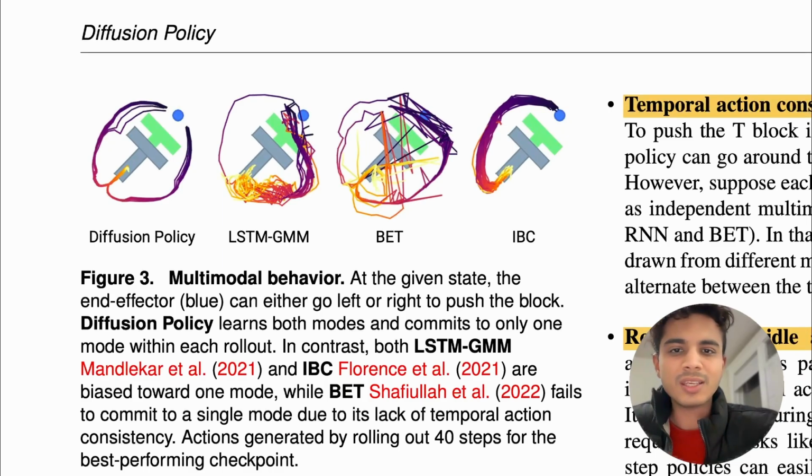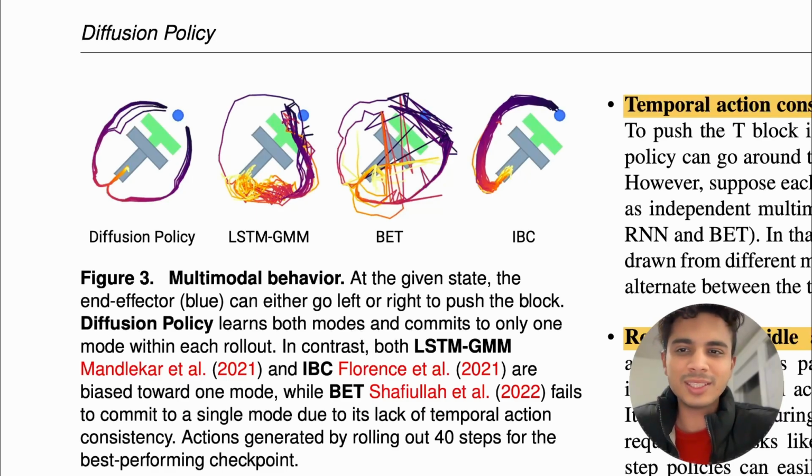And what they're trying to say is these are basically the state of the art so far: implicit behavior cloning, BET, LSTM, GMM. Fine. So this is basically what the state of the art was so far. But how is diffusion policy different from everything else? So this is basically the Push-T task, and our robot is over here, this blue dot.